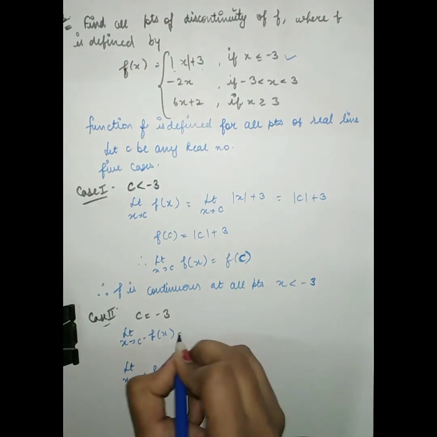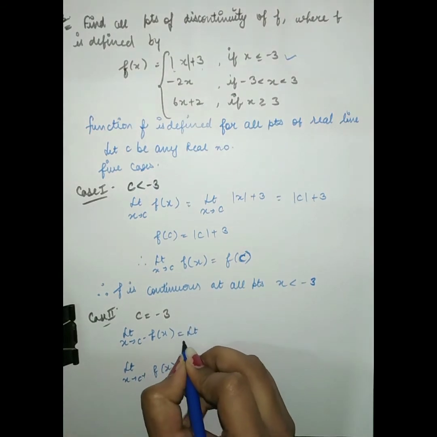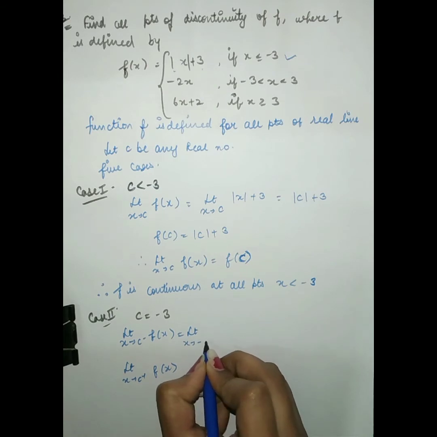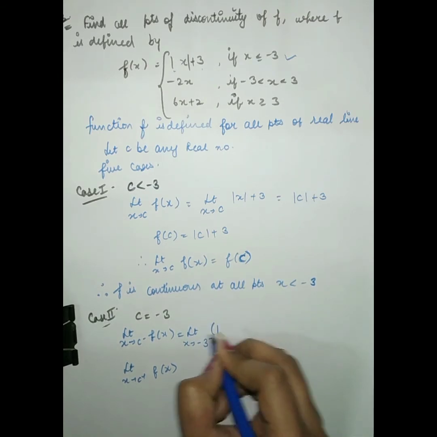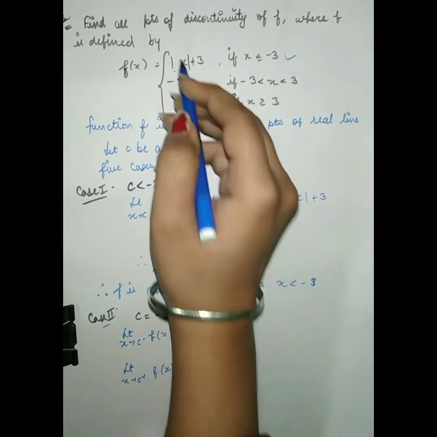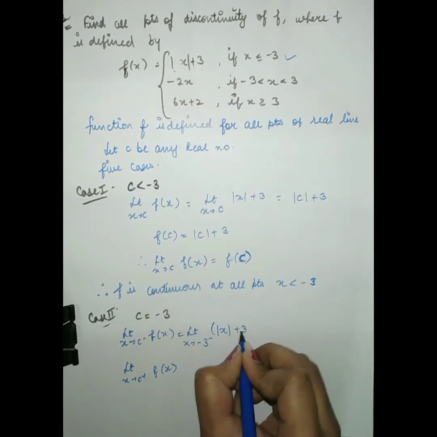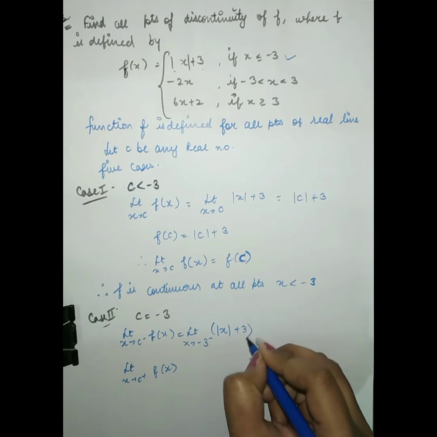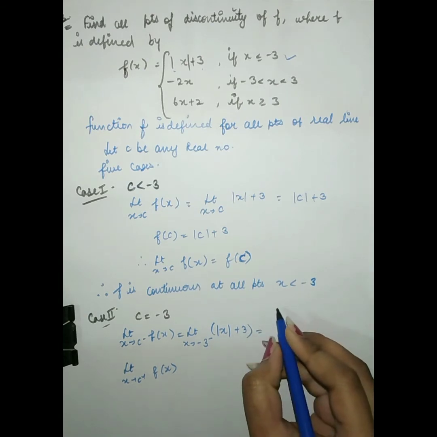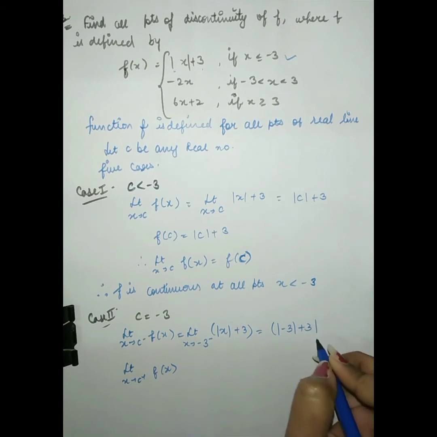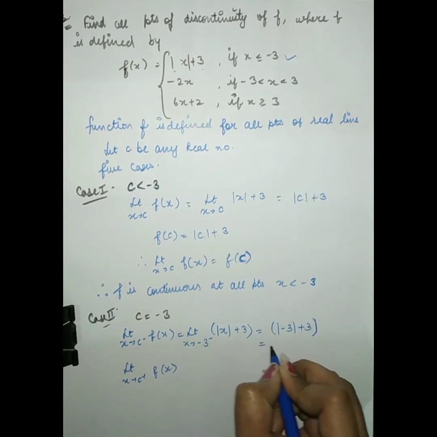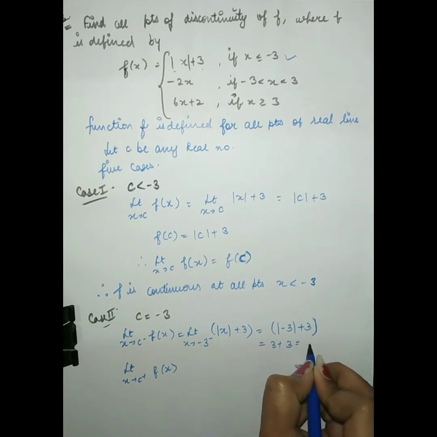Then it will become the limit as x approaches minus 3 negative, and f(x) is mod of (x plus 3). Then we put the limit, then we get mod of (minus 3 plus 3), and mod of any term will become positive, so we get 3 plus 3, it will become 6.